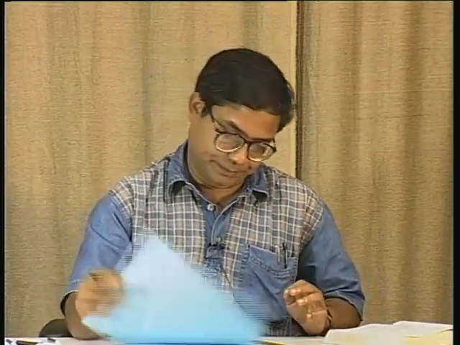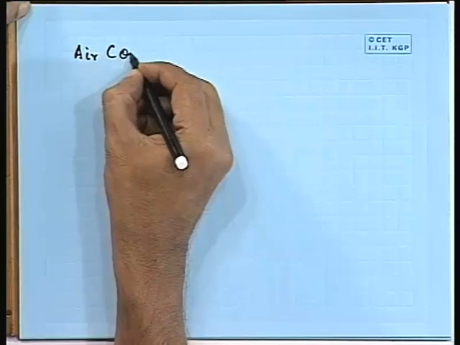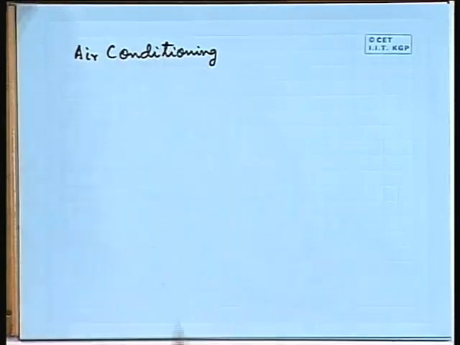Well, so with this background, let us slowly go into the air conditioning process. Now, you see, before going into the psychrometric process of air conditioning, let me give a little bit of the principles, or what we want to do in air conditioning. In air conditioning, actually we are conditioning the air, and there could be different purposes for it.